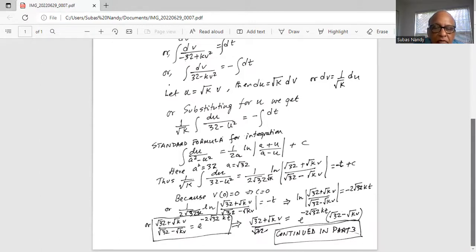Now, if we use the definition of logarithm, then e raised to the power of minus 2 square root of 32k times t is equal to the quantity inside the absolute value, which is square root of 32 plus square root of k times v divided by square root of 32 minus square root of k v.